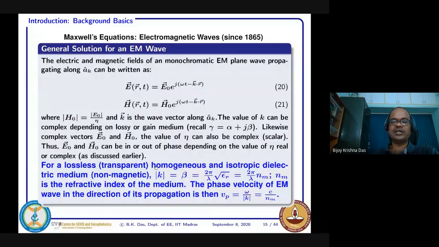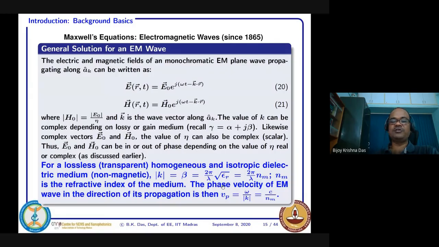And whatever we discussed earlier, this k, the mod of k, is nothing but your beta. Beta has the value 2 pi by lambda times square root of epsilon r when sigma equals 0, right? We just discussed the other day how this beta will be there: 2 pi by lambda times square root of epsilon r, which is Nm, the refractive index of the medium.